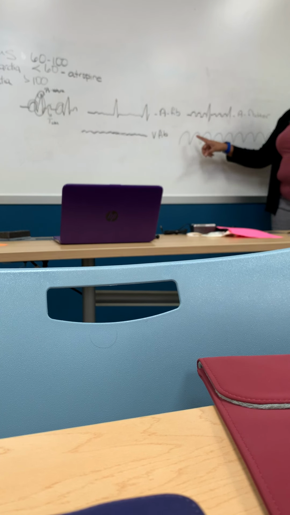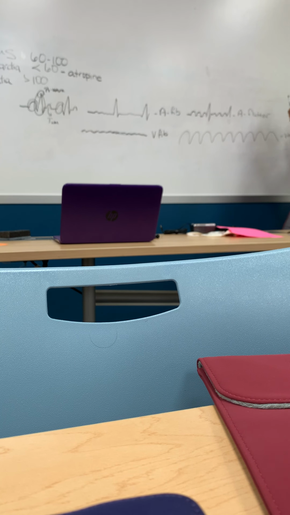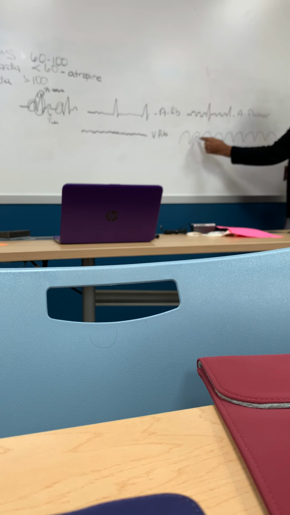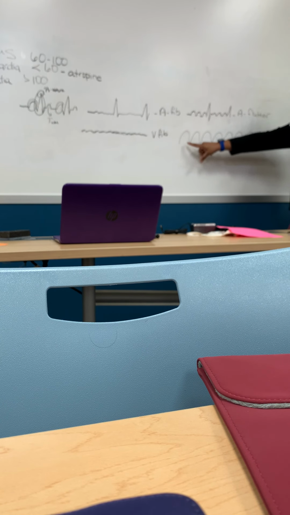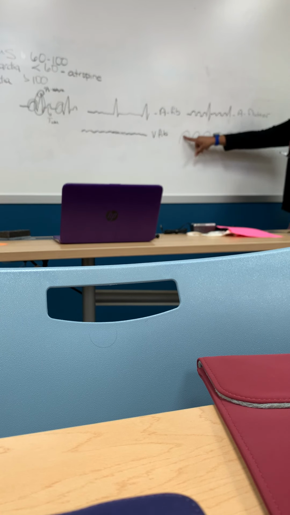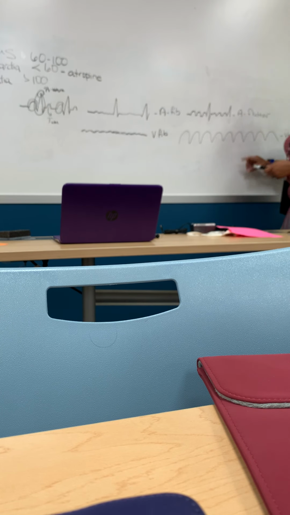The way I remembered it works for me, may not for you. Tall starts with a T, tachycardia starts with a T. That's how I separated ventricular tach and VFib. But there's nothing tall there. These are tall waves, these are not.